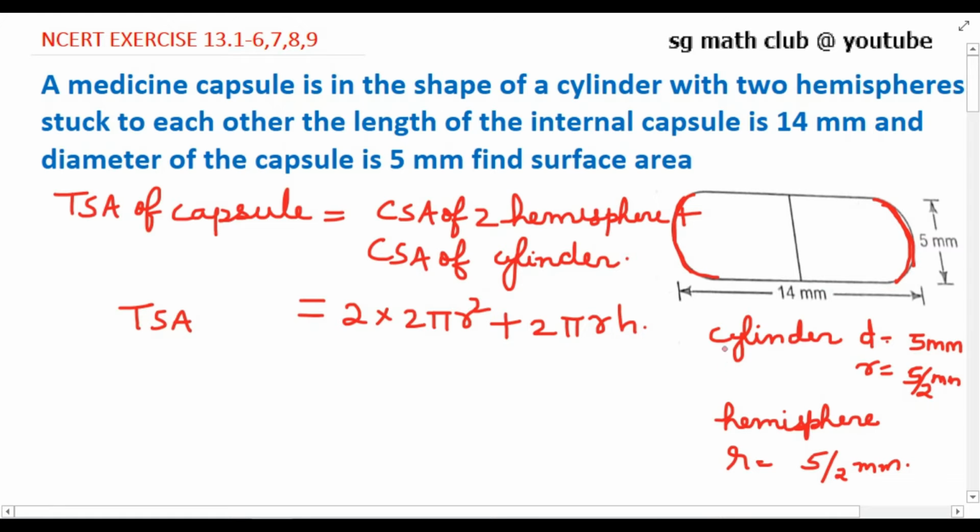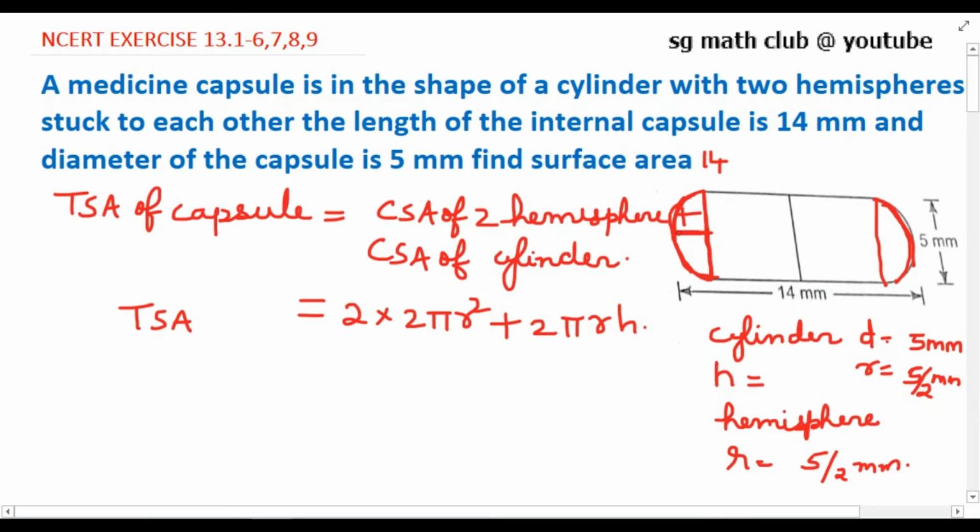Now height we need to find. The total length of the capsule is given as 14 millimeter. So what will be the height of the cylinder? Height of the cylinder will be, from here, you have to subtract these two portions. So 14 minus, this length will be 5 by 2, because if you divide like this it will become the hemisphere, and the total diameter is 5, therefore the radius will be 5 by 2.